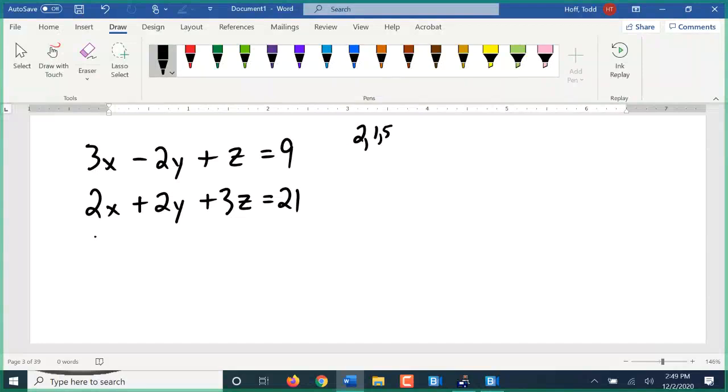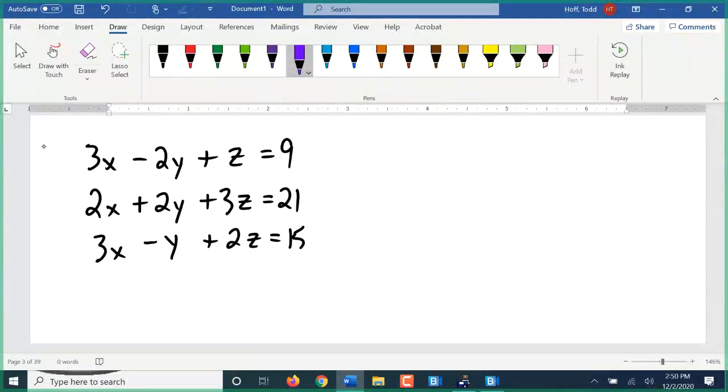And 3x minus y plus 2z equals 15. So now in this system of equations, it's not quite so obvious what variable we should try to eliminate. It's going to cancel out.